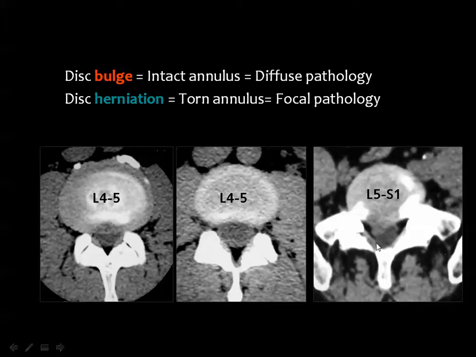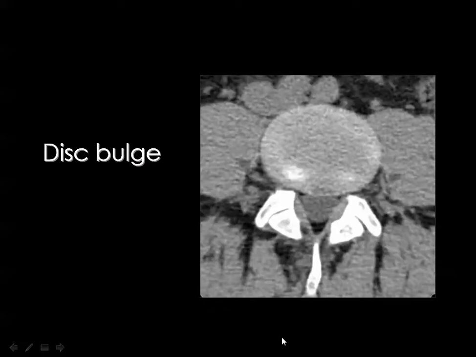But if the pathology is focal, either to the right or to the left or in the midline, this is known as disc herniation. And disc herniation in this case is to the right side. If it is to the left, it will be left posterolateral disc herniation. If it is in the midline, we call it central posterior disc herniation.